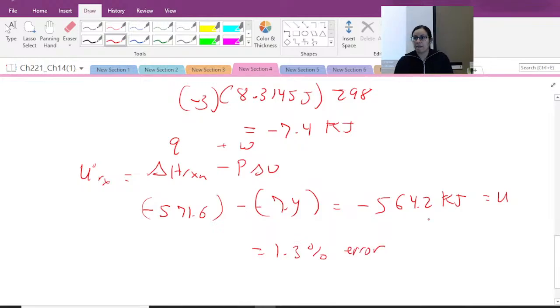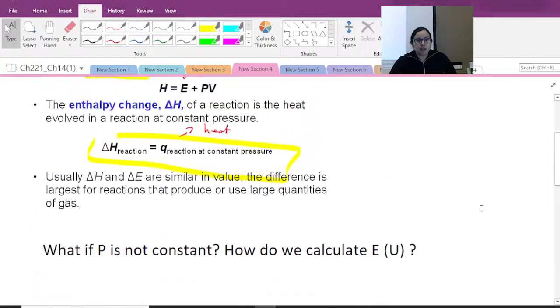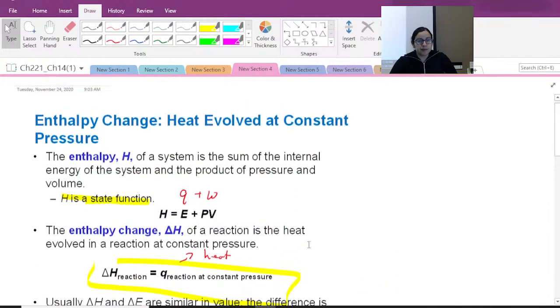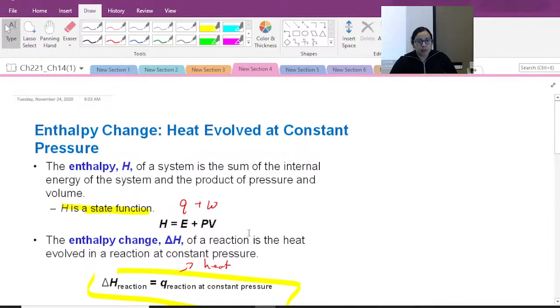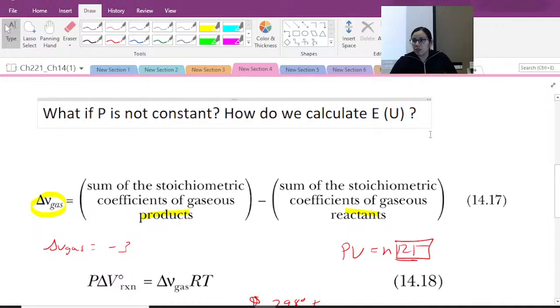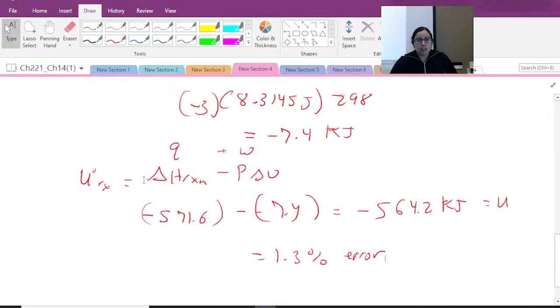What is the U? That's just our total energy here. Yeah, total internal energy. And so that's the heat of our reaction, Q, plus our work.